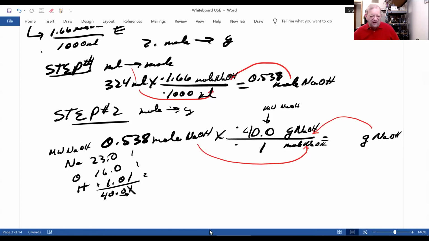And now I can go back to my calculator. Well, first I'm going to check. Notice moles of sodium hydroxide divided by moles. And there you go.